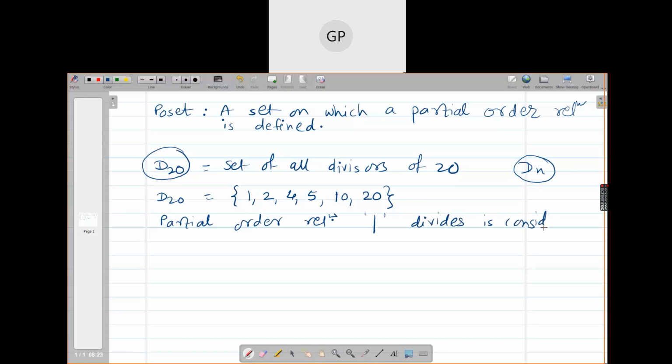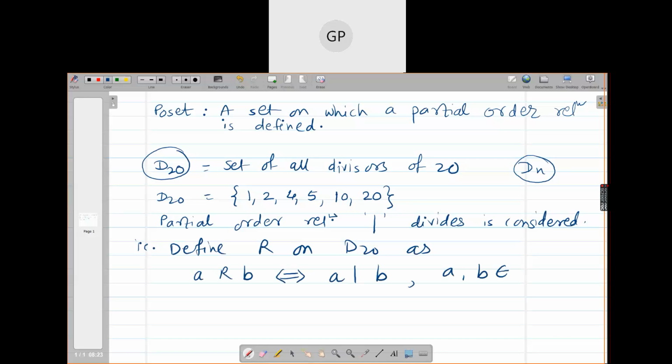Okay, that is, define R on D20 as A related to B if and only if A divides B for A and B belong to D20. I am not writing here for all. When I define relation, I don't write for all.